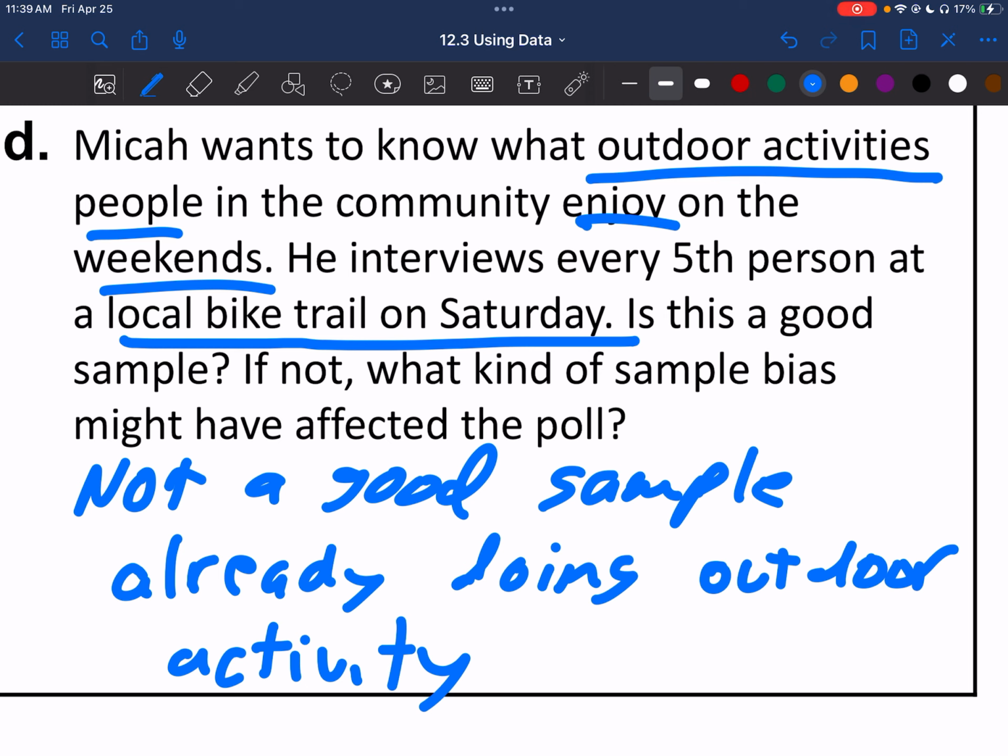So there may be a lot of people that go swimming or playing basketball or pickleball or whatever sport they might be doing. But you're at a bike trail, so the majority of people that you see are most likely going to say that they enjoy biking on a weekend because that is what they are doing.